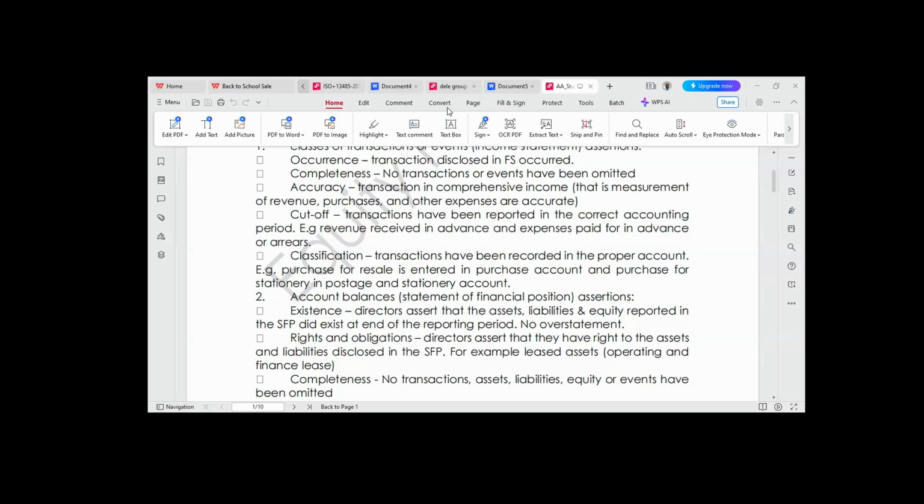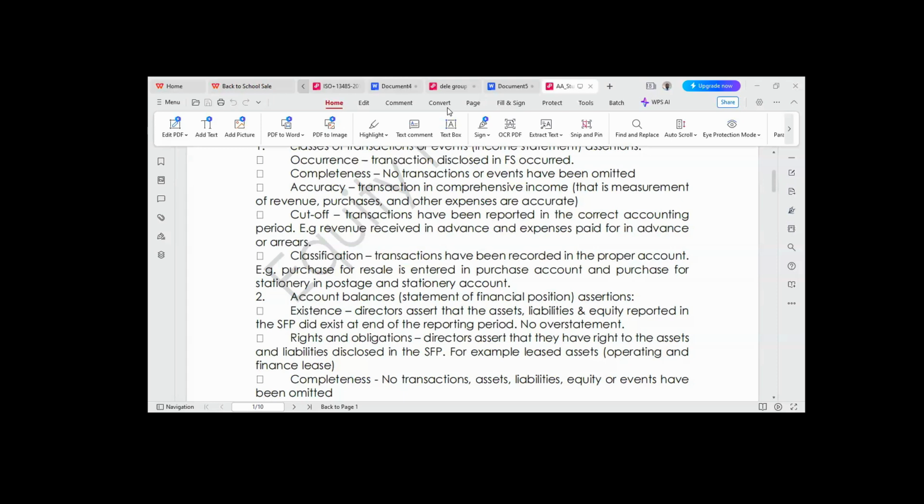What figure? In your statement of financial position, you are going to recognize the lease rental, not the asset, not the net book value of the asset. Is that clear, sir? Are we clear, sir? Yes, sir.